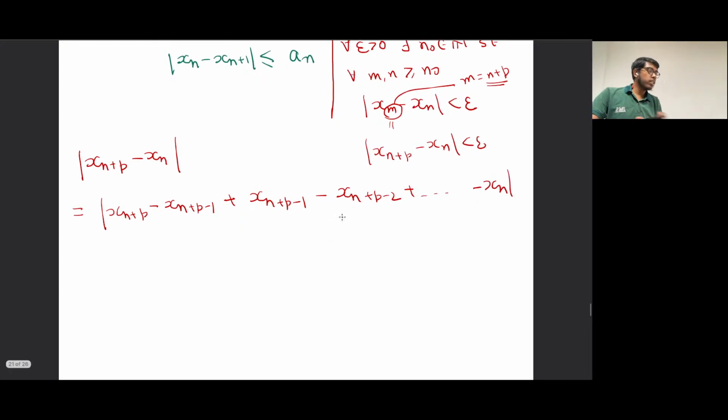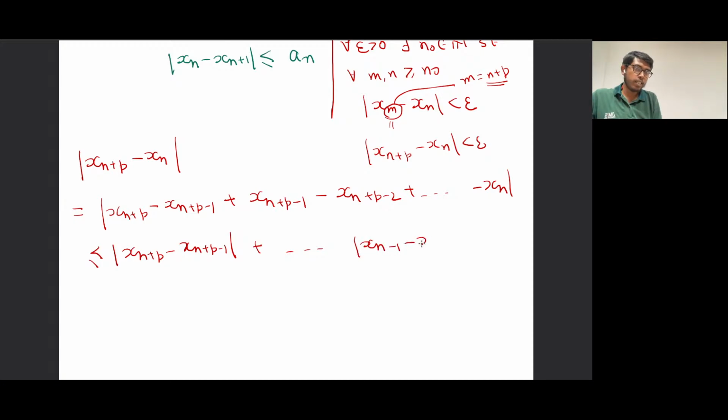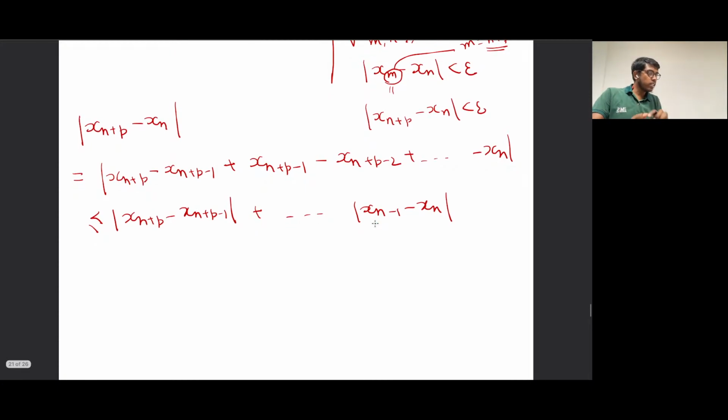And this thing, I can use the triangle inequality. So it is less than or equal to the sum of the absolute values of xn plus p minus xn plus p minus 1, and so on, down to xn plus 1 minus xn. Now I'll use the condition that each xn plus 1 minus xn is less than an.